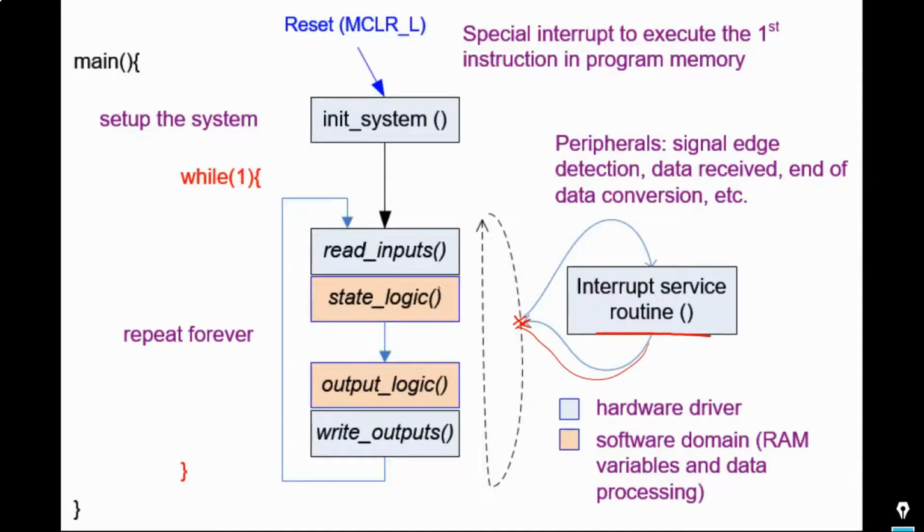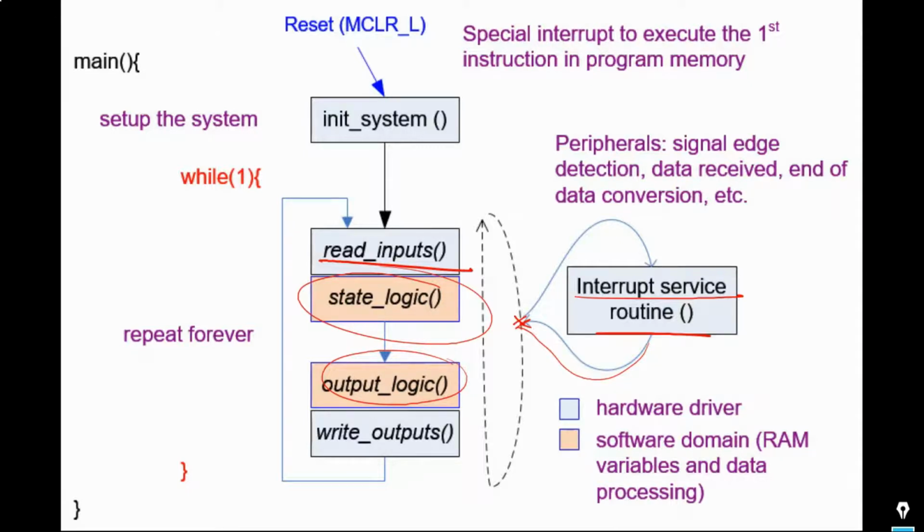So in this way you execute the state logic, and the state logic can handle that state transition very well, because there is no difference now between the interrupt detection and the signal that has been read in the main loop.